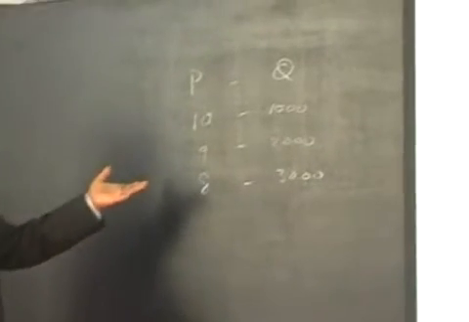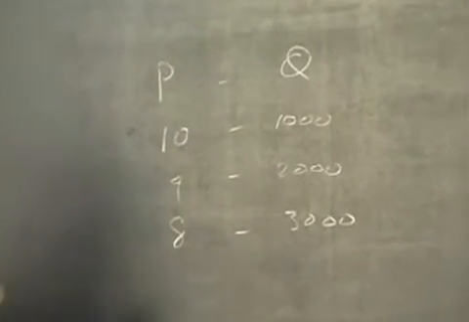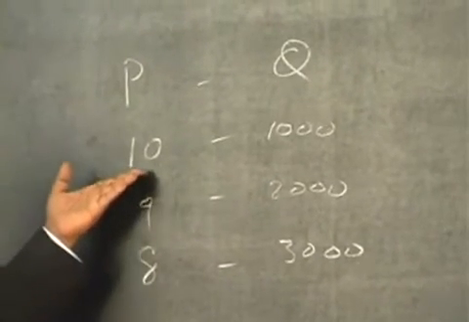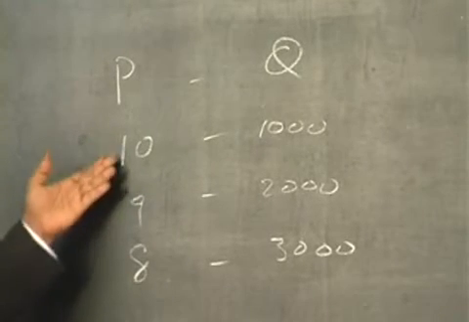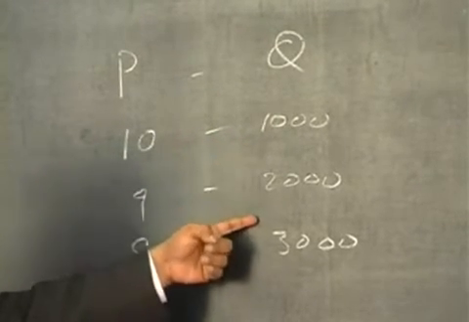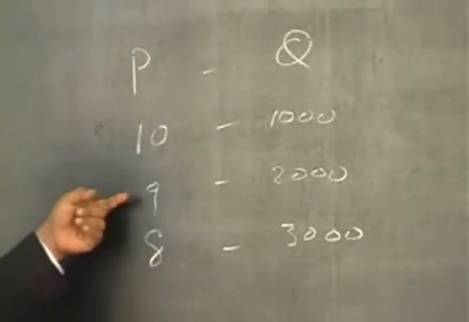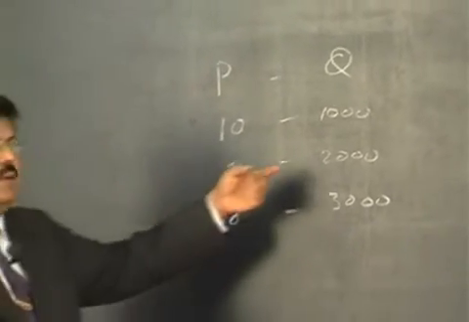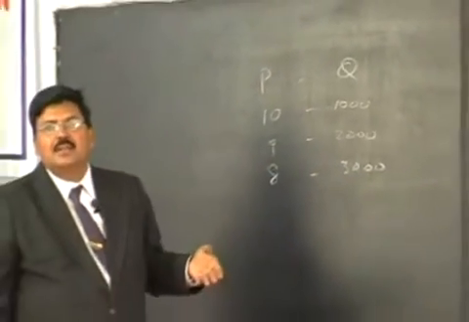This is called a demand schedule. When price declines from 10 to 9, quantity increases from 1000 units to 2000 units, and when it further declines from 9 to 8, it increases from 2000 to 3000.